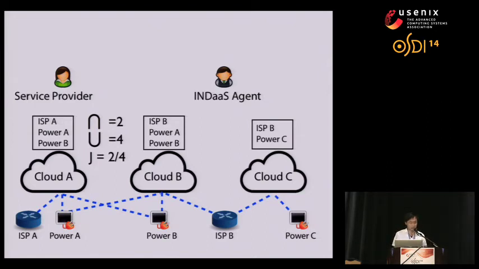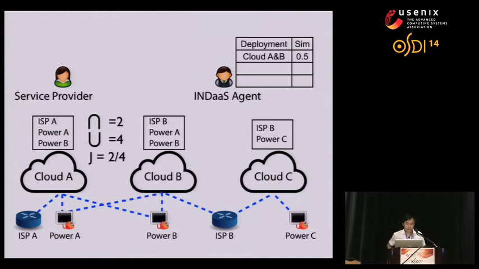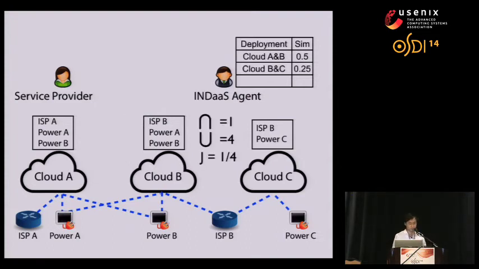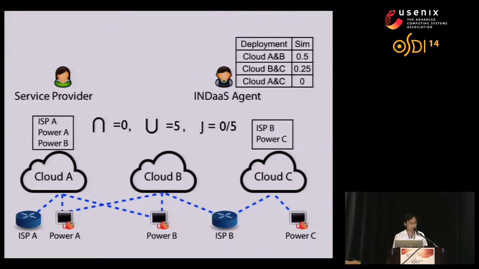This is the independence. On the INDaaS agent side, the agent should maintain a table to record the independence of each alternative redundancy configuration. The similarity between B and C is 0.25. Again, the similarity between A and C is 0.